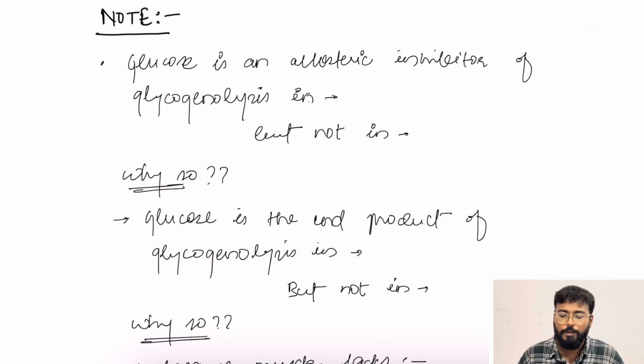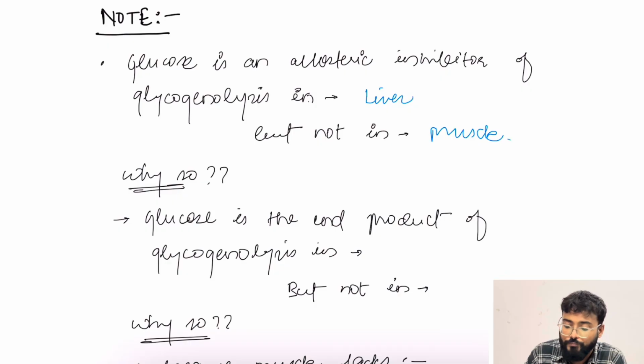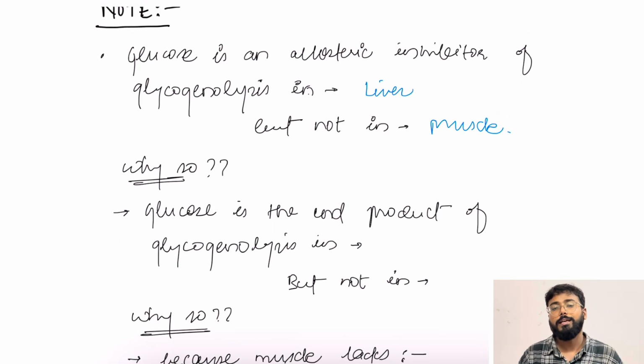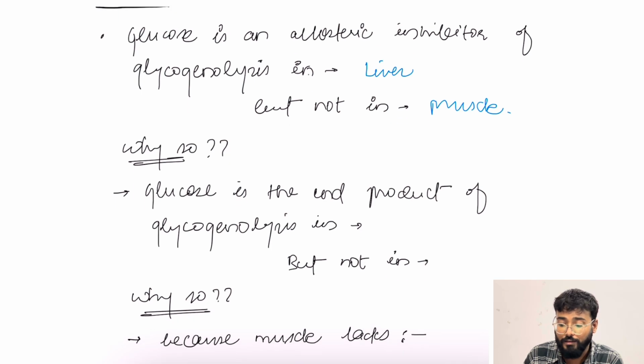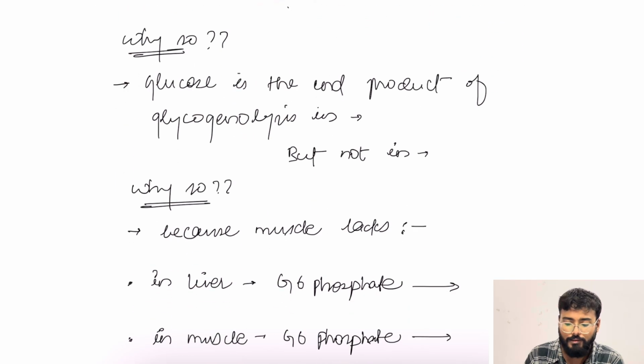Now one more important thing that you should remember is that glucose is an allosteric inhibitor of the process of glycogenolysis in case of liver, but not in case of muscle. Why is it not an allosteric inhibitor in case of your muscle glycogenolysis?